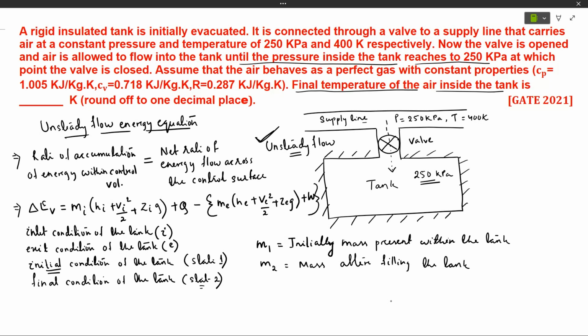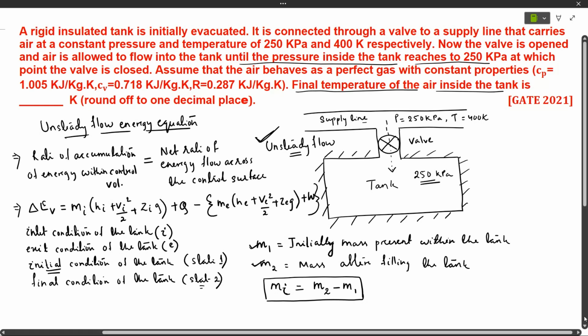So M1 is the initial mass, and M2 is the final mass after filling the tank. The net amount of mass entering the tank is denoted with Mi. It means here we consider Mi to be M2 minus M1. We have to keep this in mind while we solve the given question.